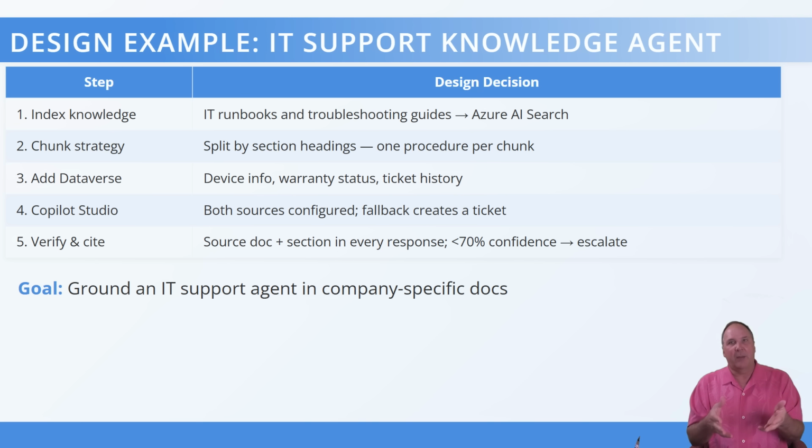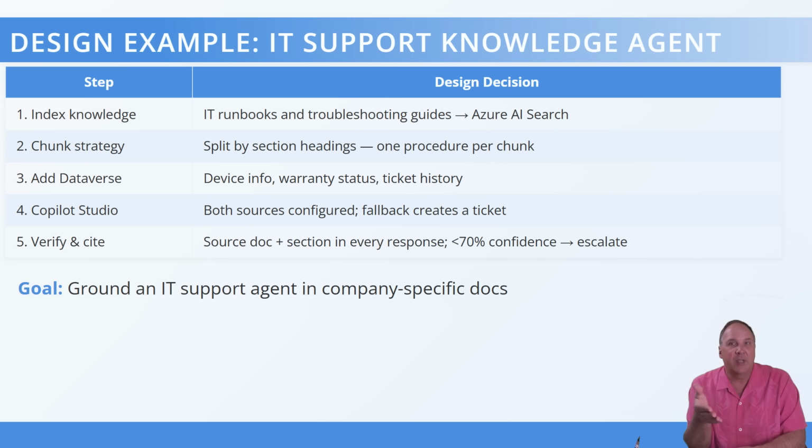All right, here's an example. Let's see this in action. An IT support agent grounded in company documents, not general large language model knowledge. You might index IT runbooks and troubleshooting guides in Azure AI Search, chunked by section headings. Connect your Dataverse for device info, warranty, and ticket history. Configure both sources in Copilot Studio with a fallback that creates a support ticket.